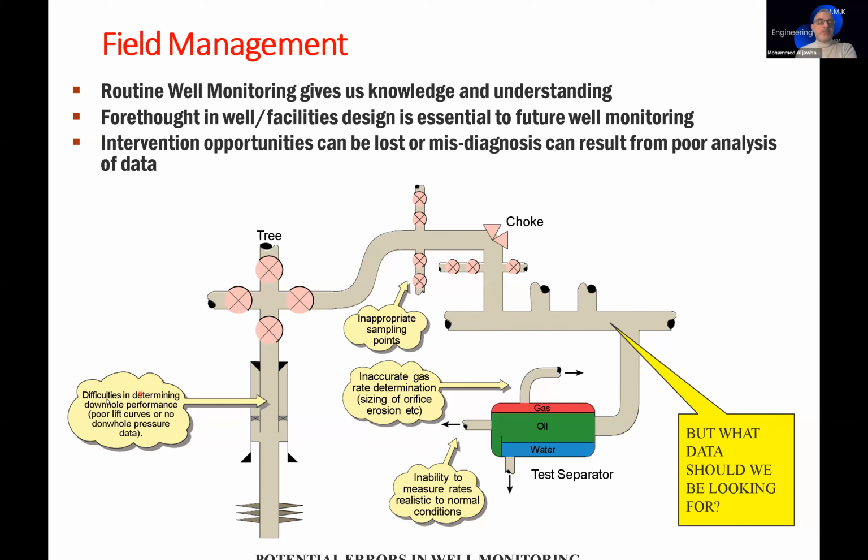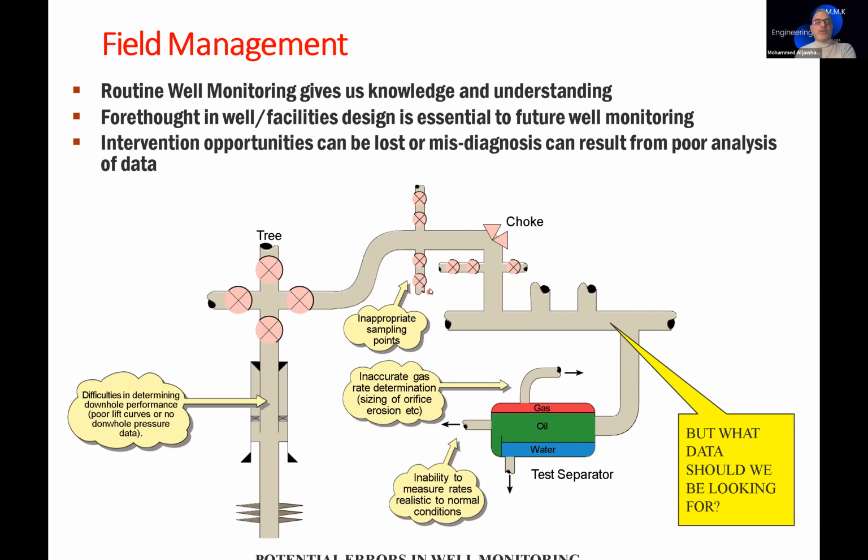For example, when we have difficulties in determining downhole performance, we may not have a forecast for the production of that well, and we don't have the right production rate for that well. Maybe some downhole pressure is not accurately calculated.